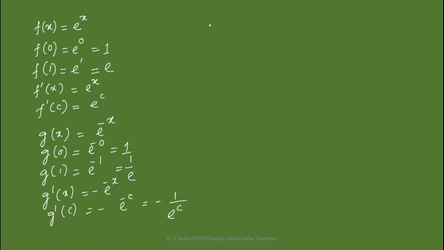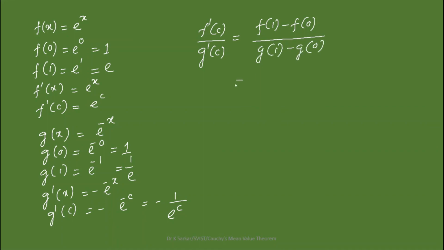Now according to Cauchy's MVT, f'(c) divided by g'(c) equals (f(1) minus f(0)) divided by (g(1) minus g(0)). So f(1) is e minus f(0) is 1, divided by g(1) is 1 by e minus g(0) is 1, and f'(c) is e to the power c divided by g'(c) is minus 1 by e to the power c.